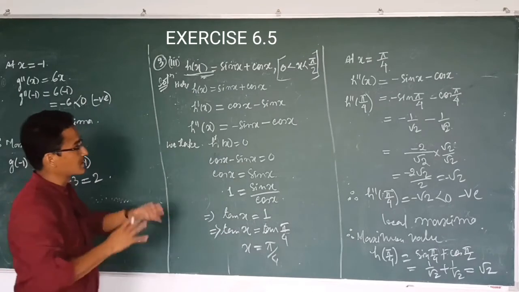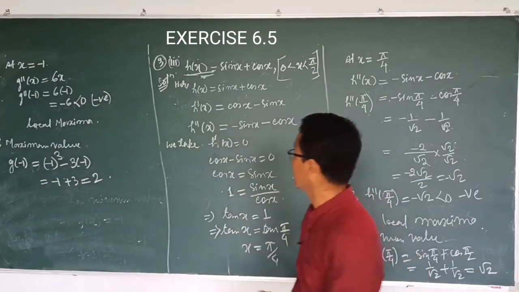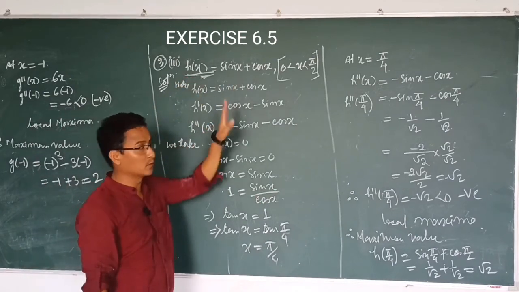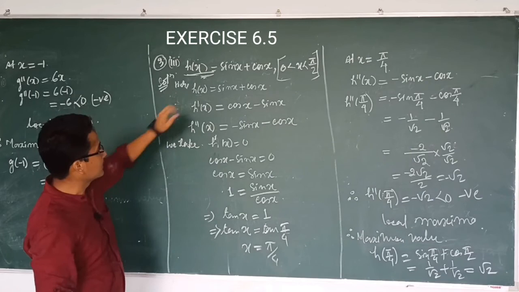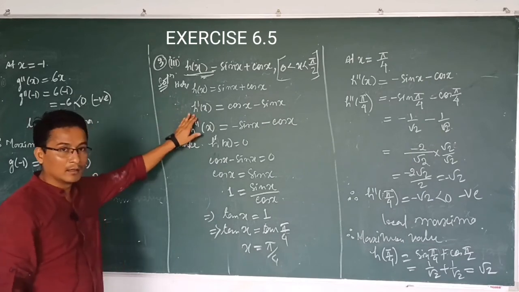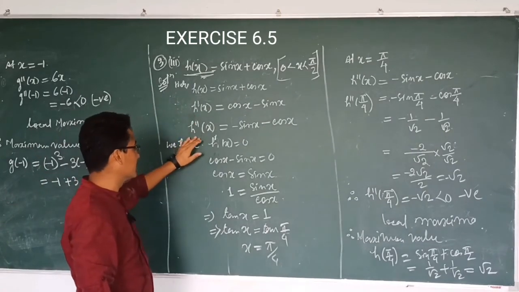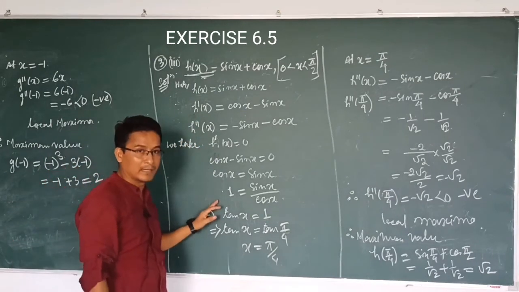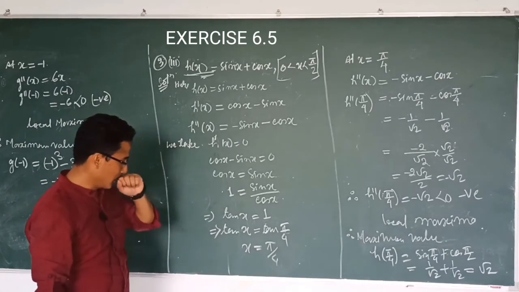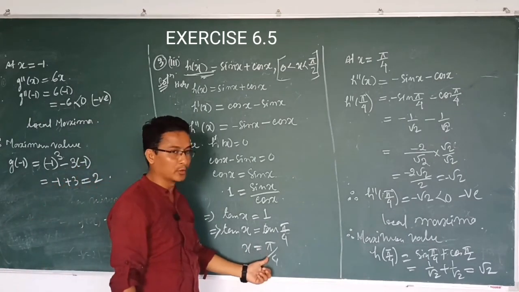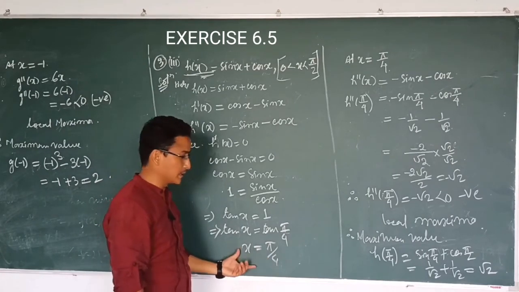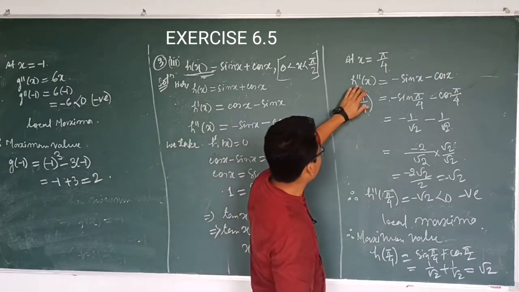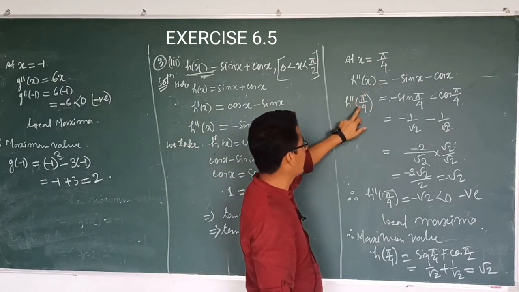Once again I explain it from the beginning. This is question number 3, and this is the function given in the question. In that given function, we will find the first derivative and second derivative. With the help of the first derivative, we find the critical point, the value of x, which is pi by 4. With this critical point, we find the value of h double dash x.